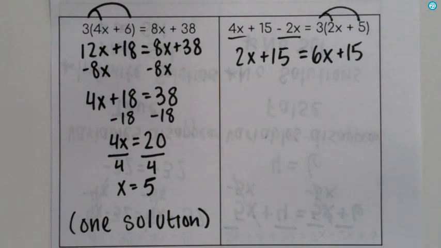What's the same on both sides of this equation? 15, the normal number. So that 15, the constant, is the same. That's something to notice. We're still going to continue solving.